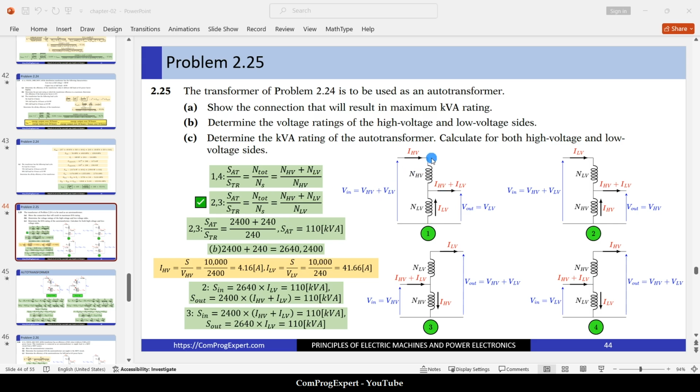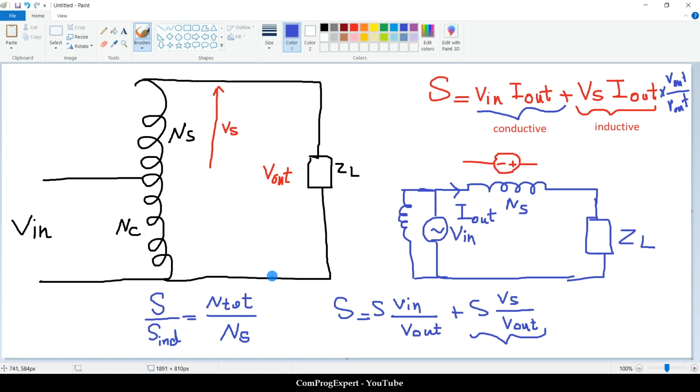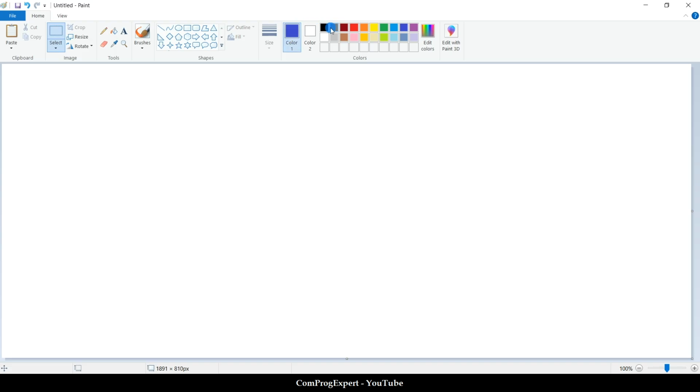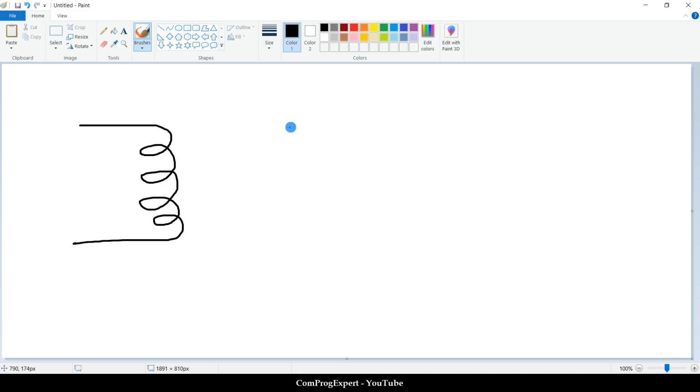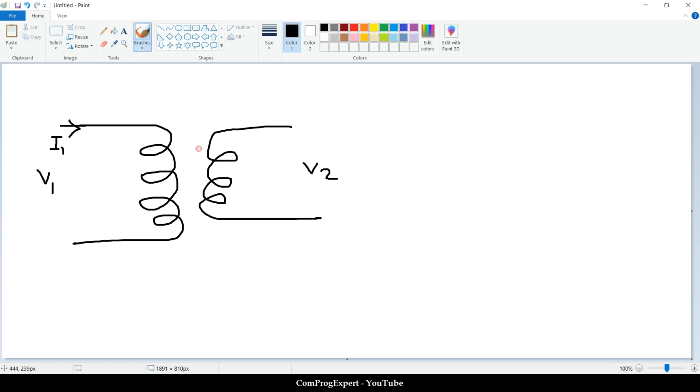Let's investigate this using an example in Simplorer. Suppose we have this single phase transformer, this coil N1 and N2 here. This is V1, V2, I1, this is I2. Let's consider the rated voltage here 100 volts and the rated voltage here 50 volts.